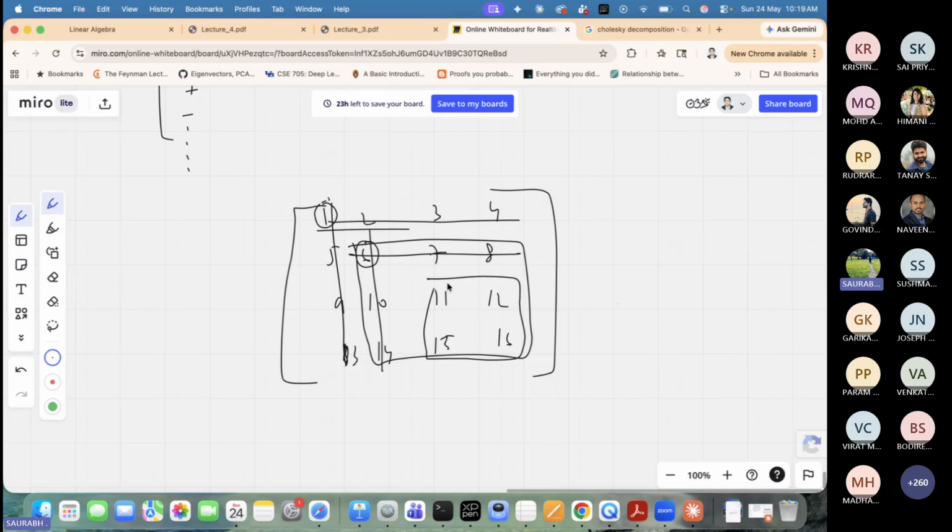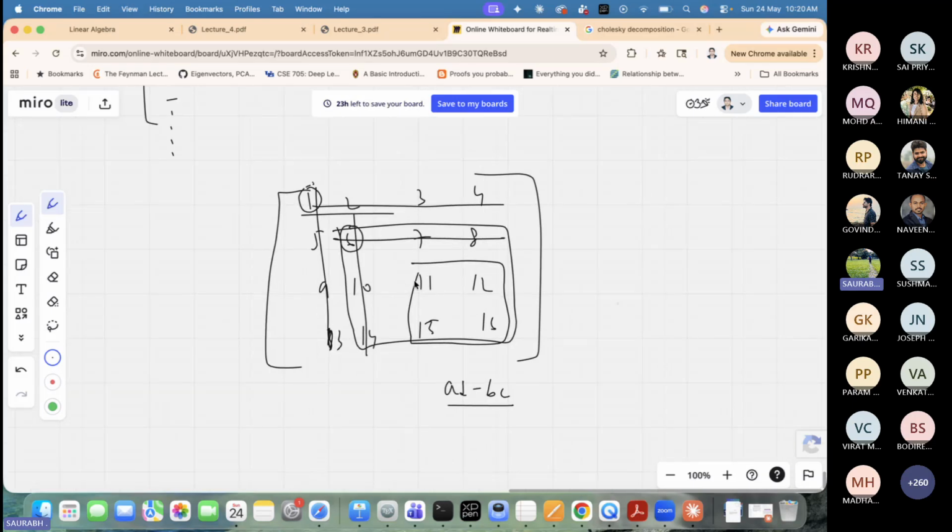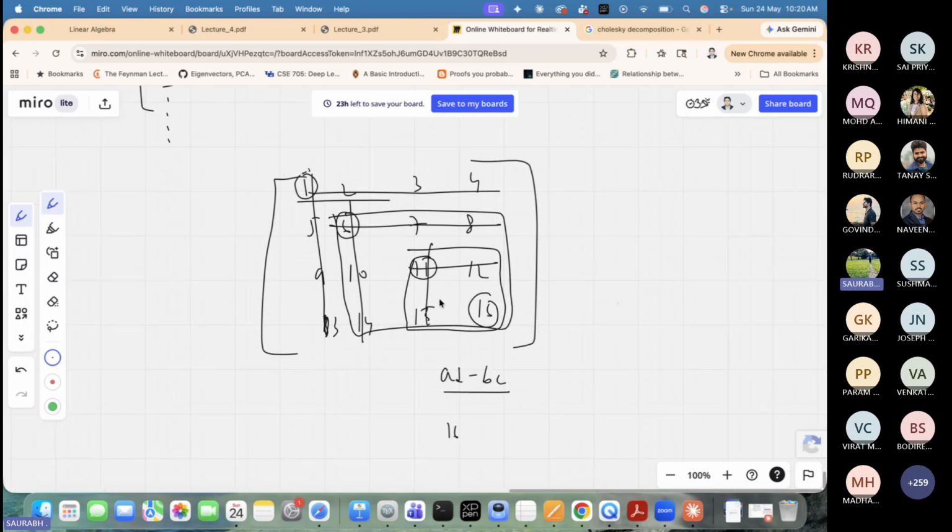Now you already know the determinant of 2 cross 2, which is nothing but AD minus BC. If you are sitting at this place and remove this and this, you get this value, which is 16. When you go to this particular place, you remove this and this, and you get to 15, right?